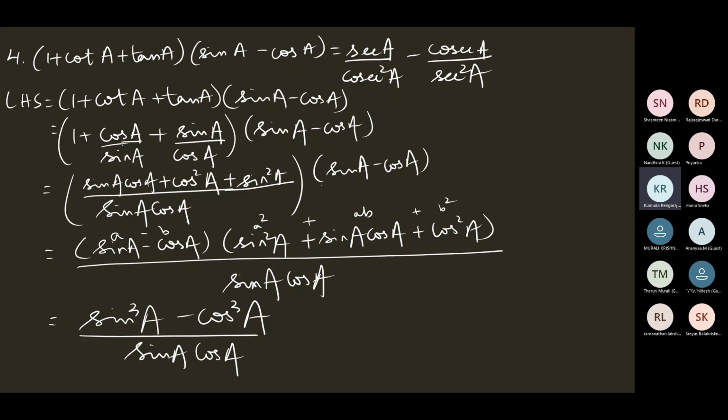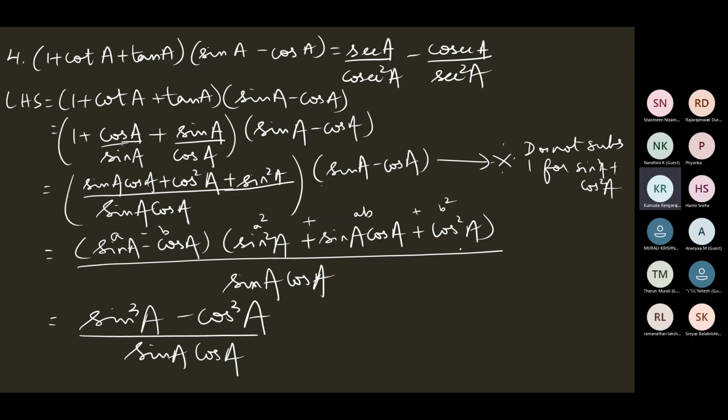What you should make a note, you should put an arrow and a star and write: do not substitute 1 for sine square A plus cos square A. Because that is only the A square plus B square term. You should not disturb that.